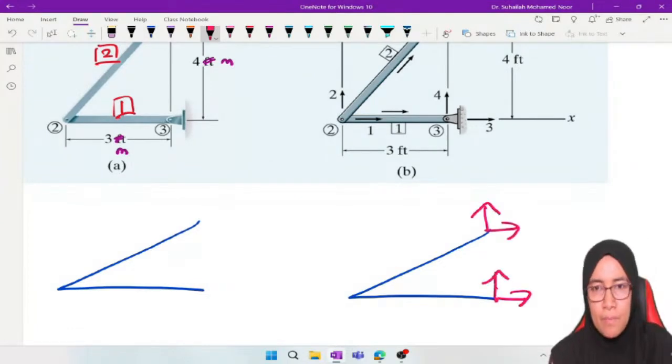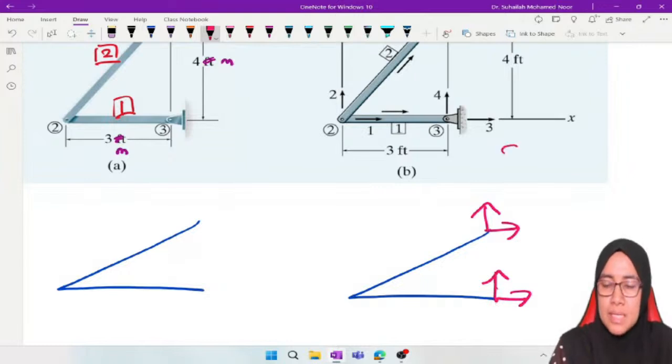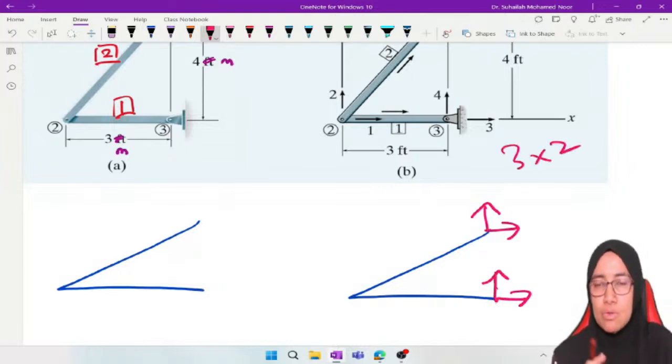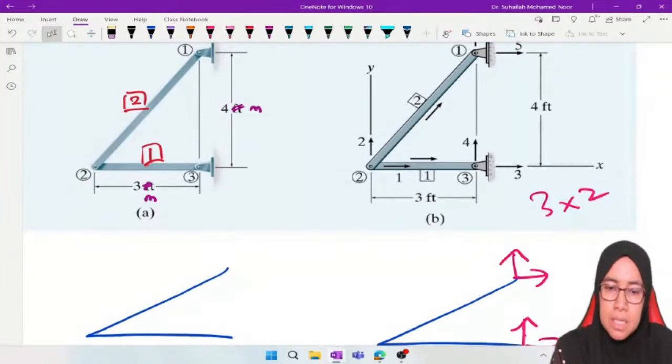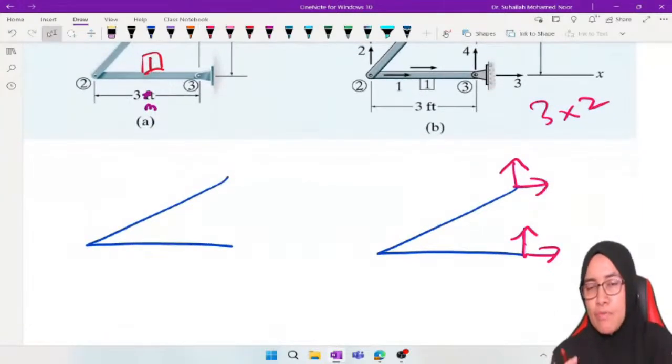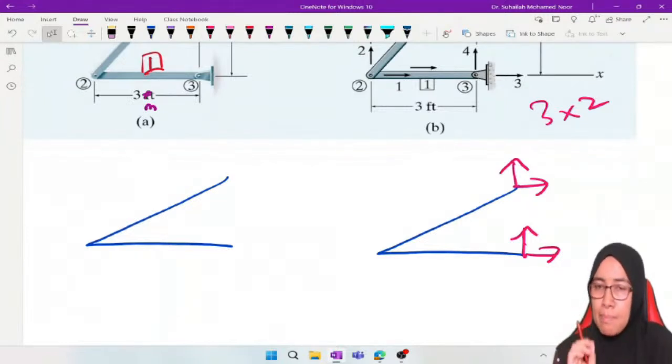Here, these 4. Because the total is 3 times 2, since there are 3 nodes. Looking at the support, there are 4 unknown reactions, so directly we put 4 degrees of freedom in x and y components at the support position.